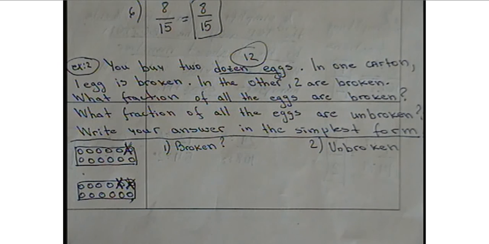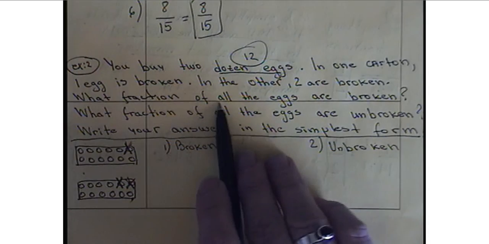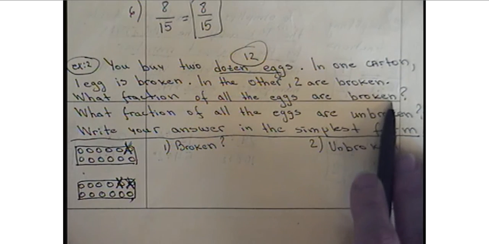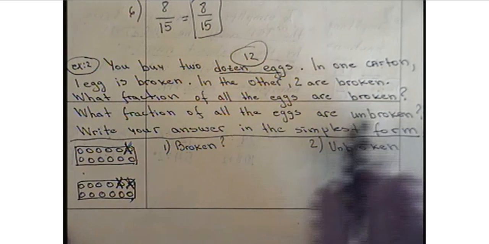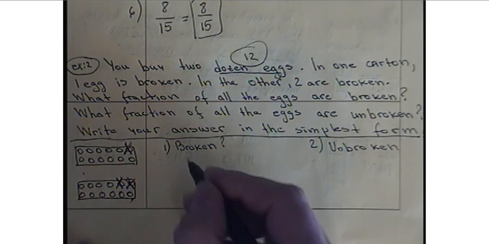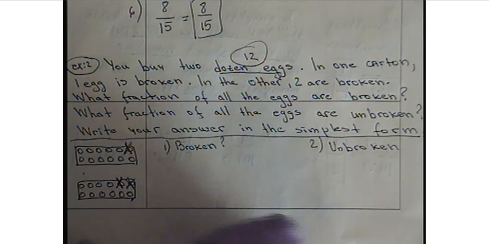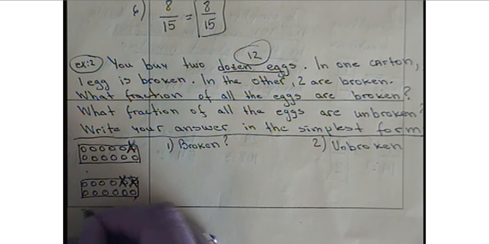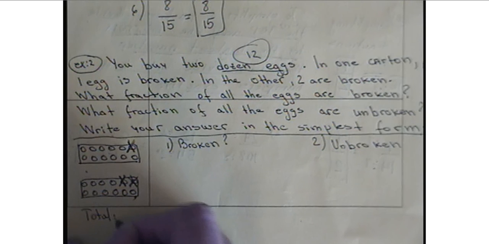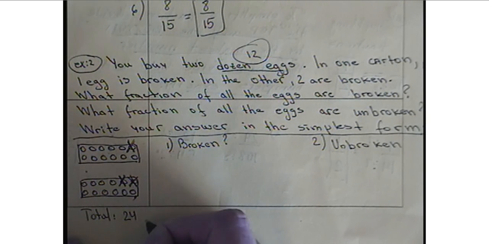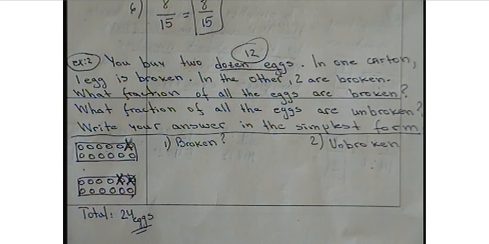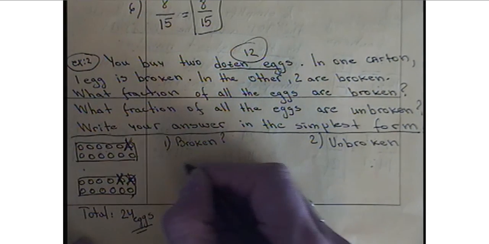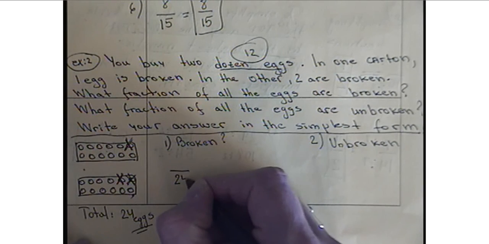Now, first question, what fraction of all the eggs are broken? First of all, total, I'm gonna just write it down here. Total, we have 24 eggs, because we count both cartons. So the fraction will be 24 on the bottom. This is total.